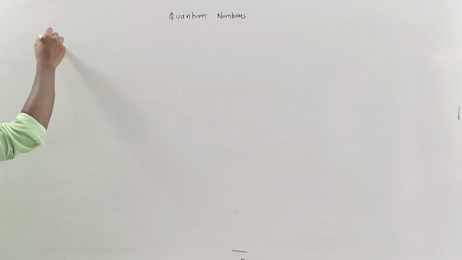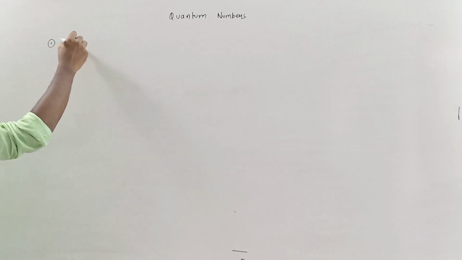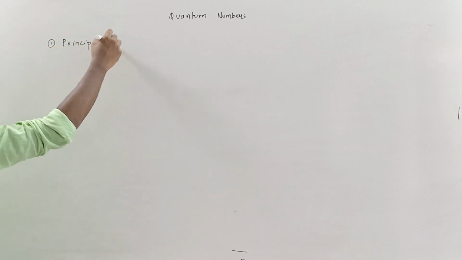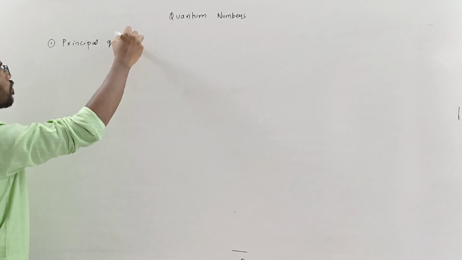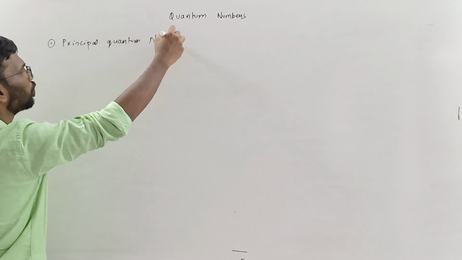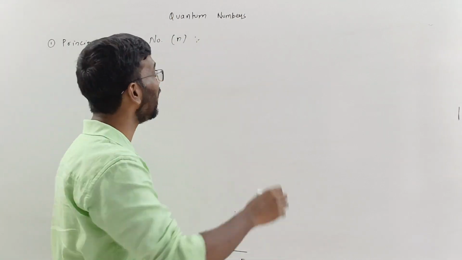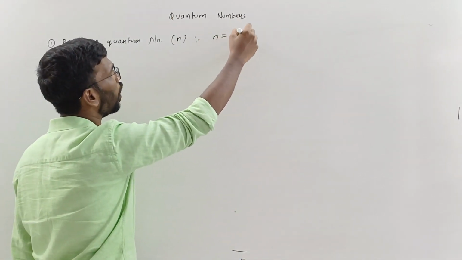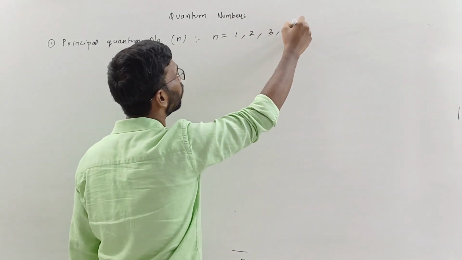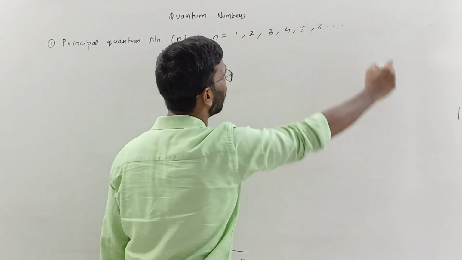The first quantum number is the principal quantum number. It is represented by the letter n, and n can take values n is equal to 1, 2, 3, 4, 5, 6 and so on.